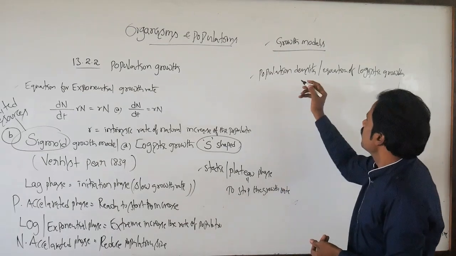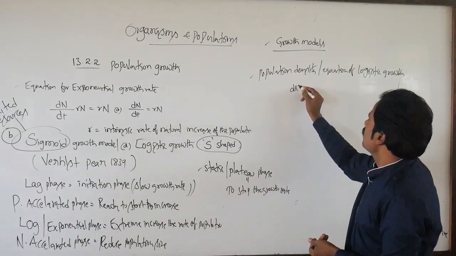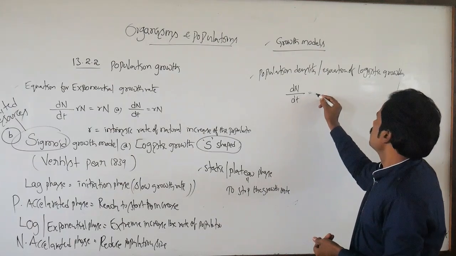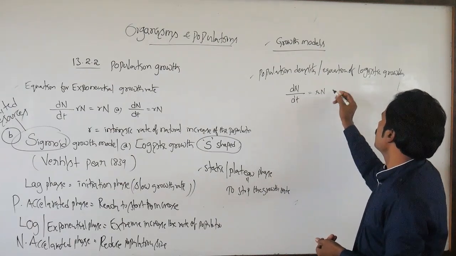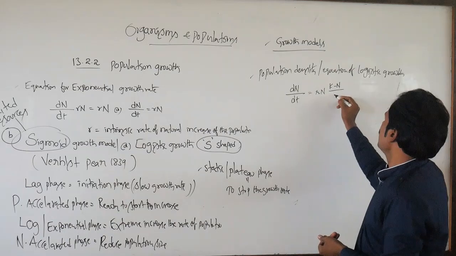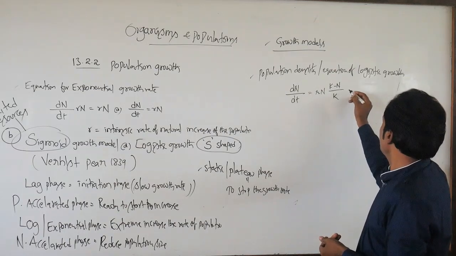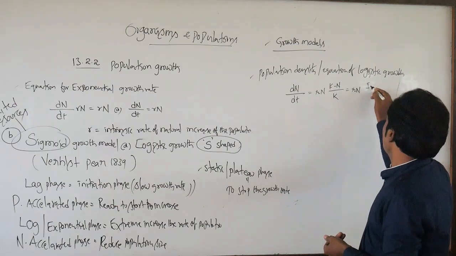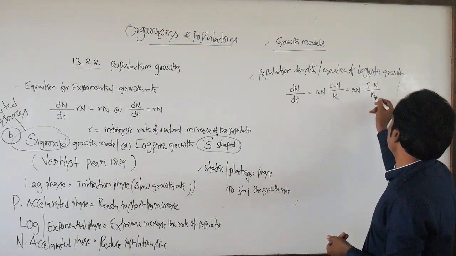It is dN/dt = rN (K - N)/K. That is equal to rN (1 - N/K).